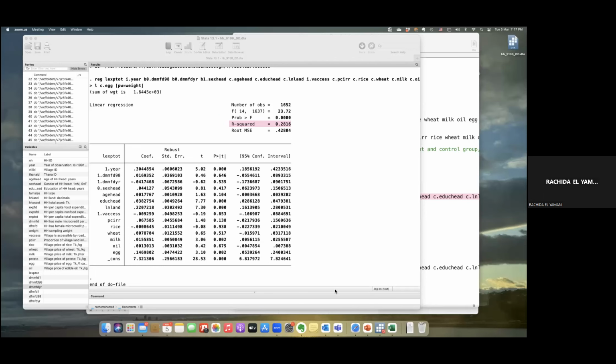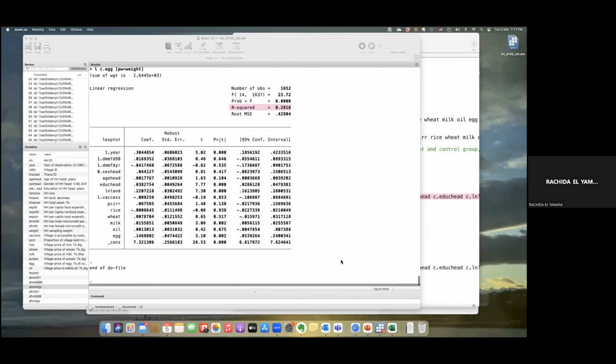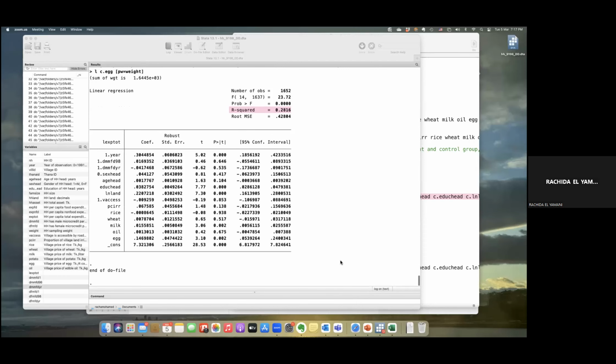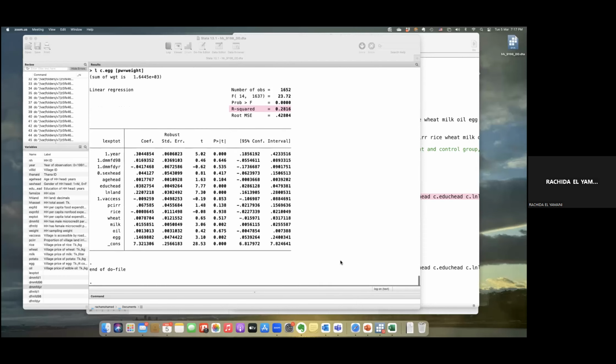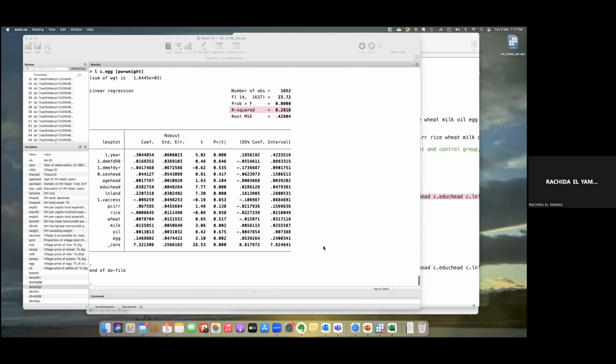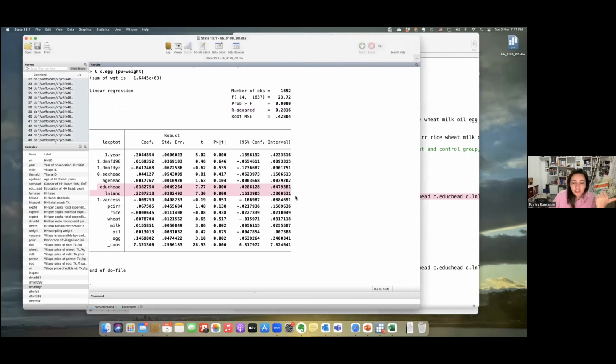Okay, perfect. Yes, we can see that some variables are significant, but others are not. For example, education and land are significant. The education of the head and the area of the land of the household have a significant effect on the total expenditure per capita.